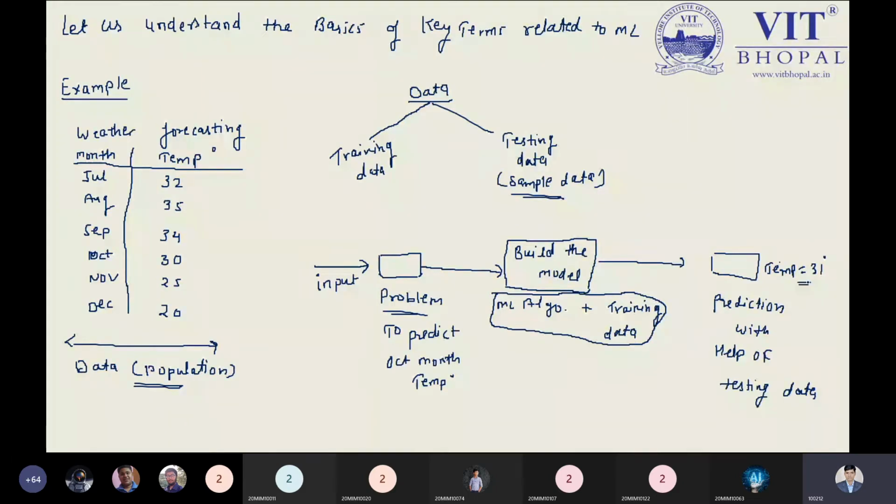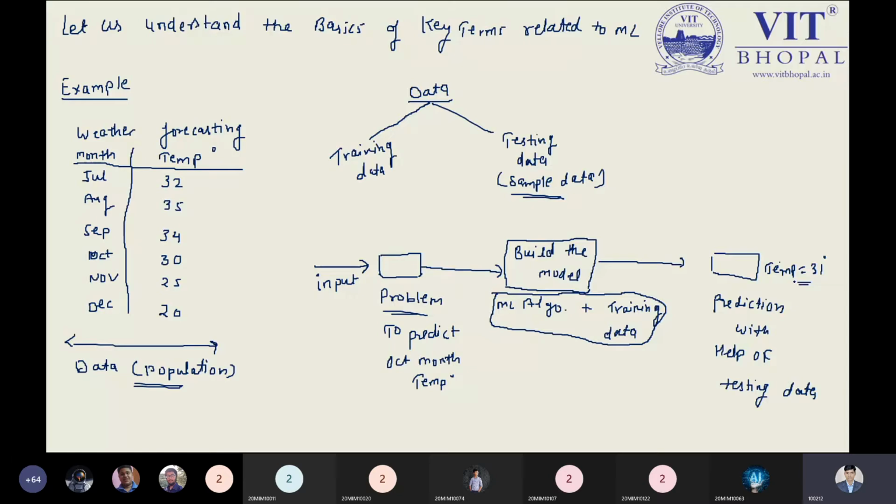I'm getting close to my temperature, which is 30 or 31. It means I'm getting a prediction close to my accurate value. If I get 30, my accuracy will be 100%. But if I get a little bit more temperature, I can say my accuracy is approximately 90%, or 95%, since my result is close to the actual result of 30.